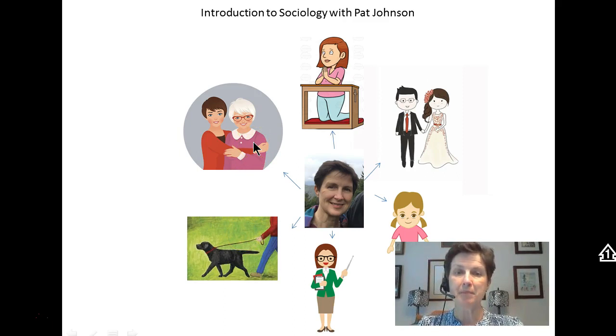I'm the daughter to my parents. I'm a Christian, specifically I'm a Catholic. I'm at this point in time a fiance to my boyfriend. And I'm a little sister to my siblings. All of these are different statuses in my status set.